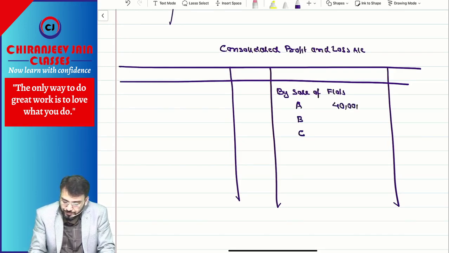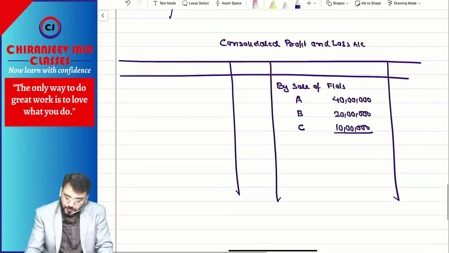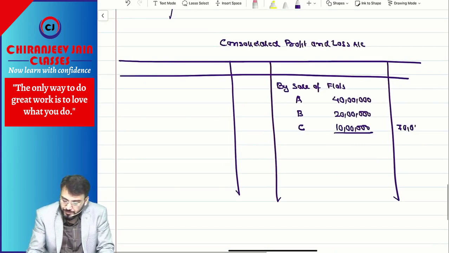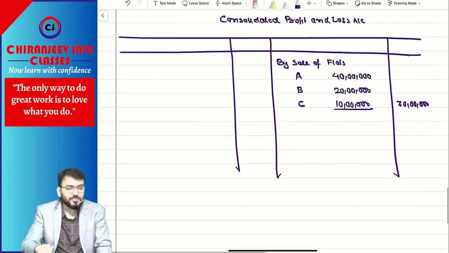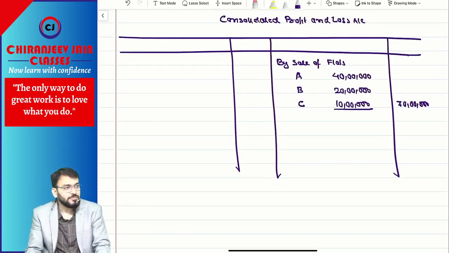40 lakh, 20 lakh, and whatever I'm asking, just give me that amount. Okay. Total becomes 70 lakh. And can I say the venturers also purchased some flats from the joint venture? So that is also sale of the joint venture.